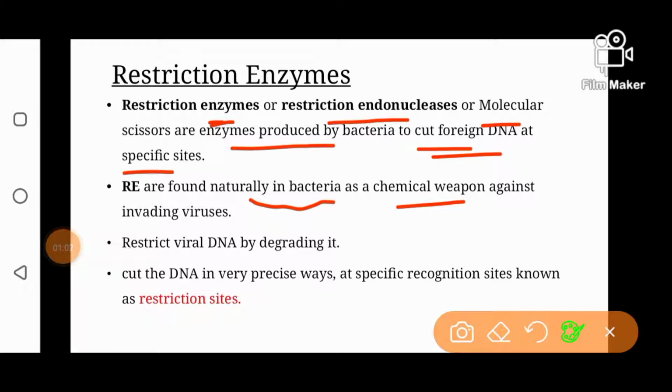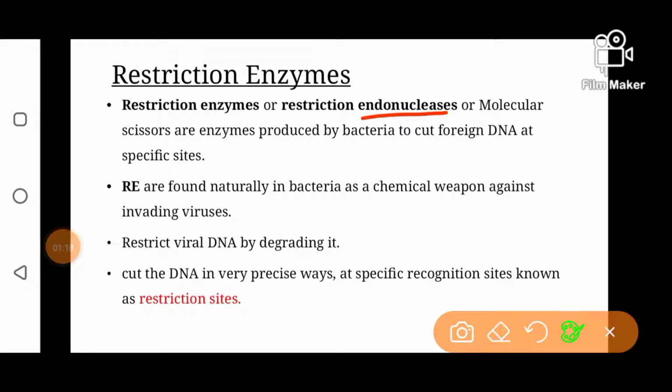These enzymes cut very precisely at specific recognition sites known as restriction sites. And as the name indicates, they cut DNA somewhere in the middle, like endonucleases. Endonucleases means that these enzymes will cut nucleic acids, DNA or RNA, somewhere in the middle, not from one end.